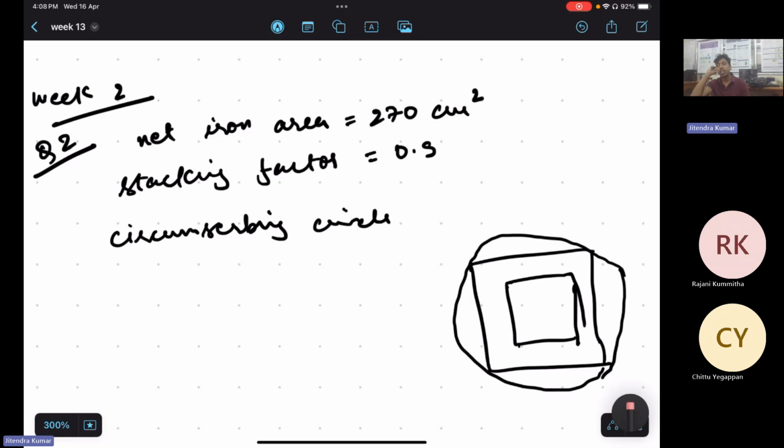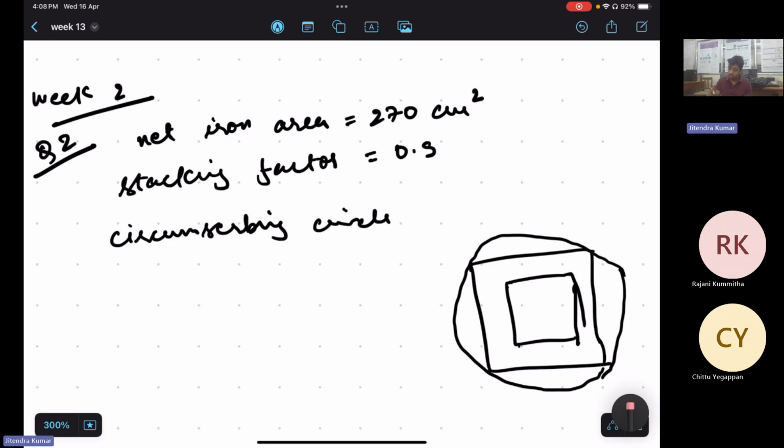After that, we have to find out the relationship between the area of the core and the area of the circle, isn't it?